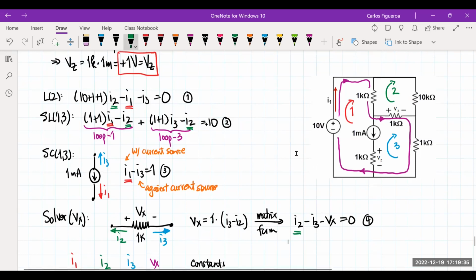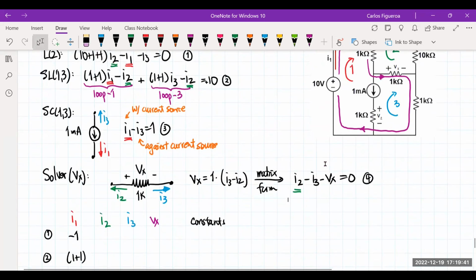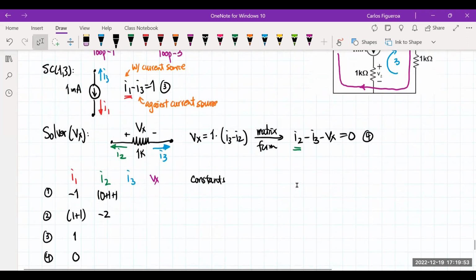There's I2. So the first one, I2, is what? 10 plus 1 plus 1. So I'm going to write 10 plus 1 plus 1. Then I'm going to get -1, -1, -2. When I get to the second equation, there's no I2 here, and then this one is 1. Now let's look for I3.